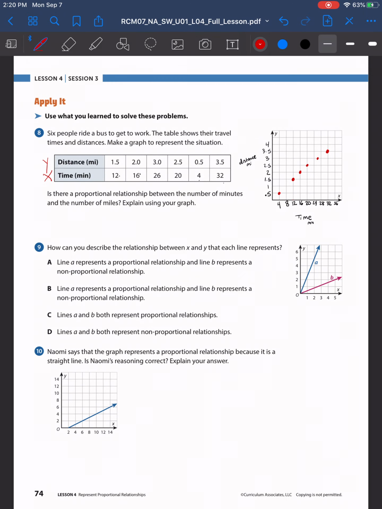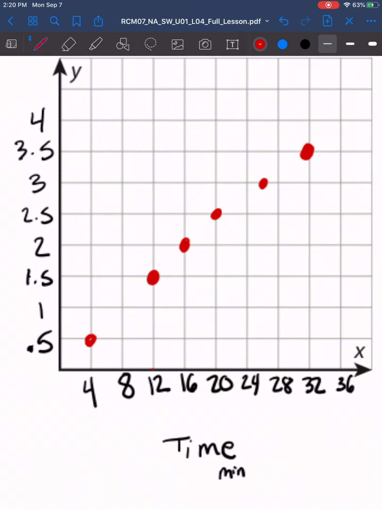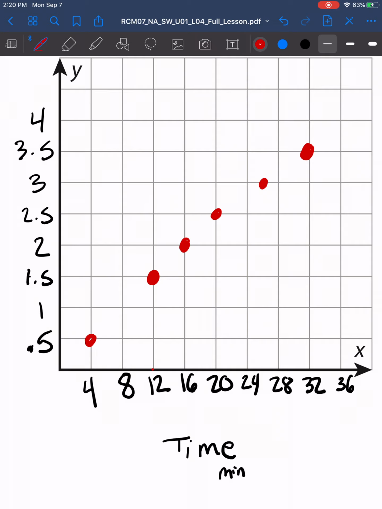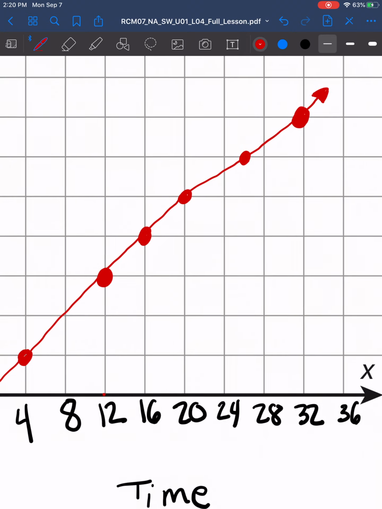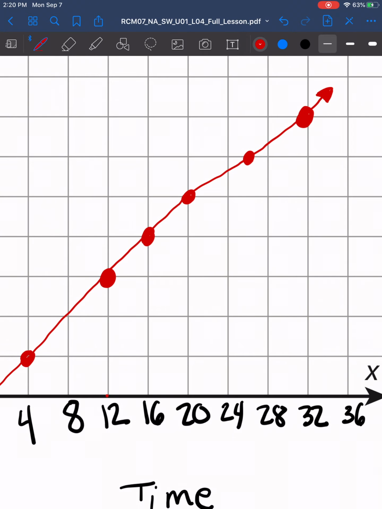Okay. Is there a proportional relationship between the number of minutes and the number of miles? Explain using your graph. Now, if I were to graph this line, it would look like something like this. Now, I know I don't have a straight edge, but you can tell, right? That's not a straight line.